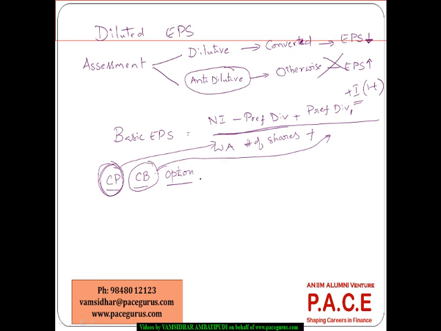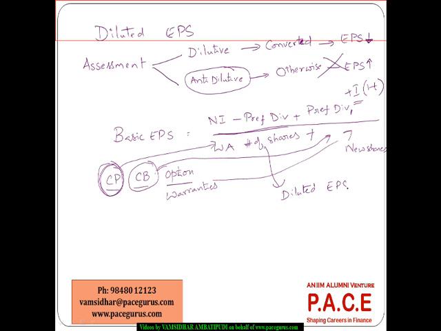And for each option, how many new shares are getting created if all these options are exercised? If all the warrants are exercised, what are the new shares getting created? All these things we would typically find out for the computation of the weighted average number of shares, and finally we would end up with the calculation called the diluted EPS.